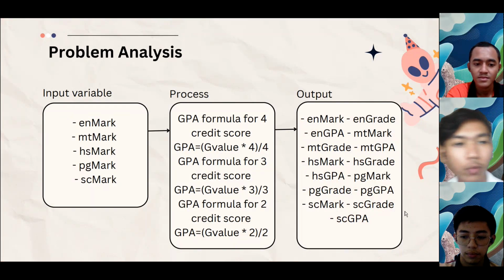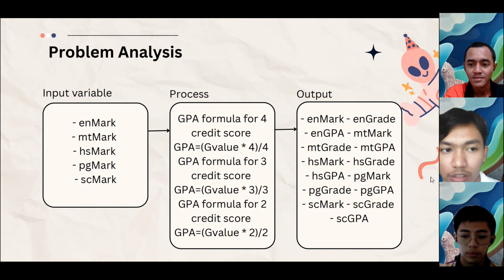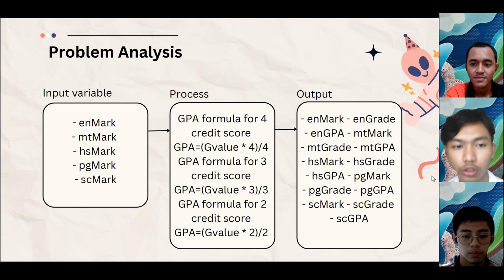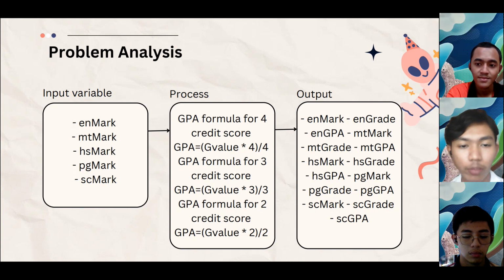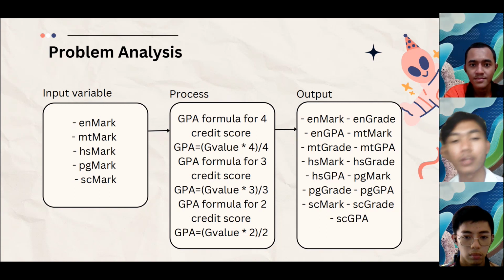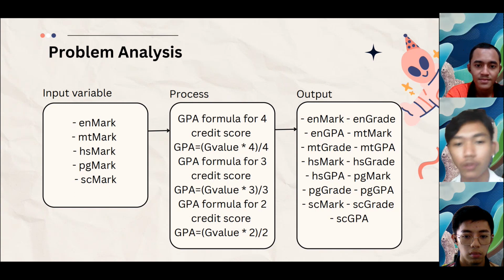Okay, as we all know, problem analysis has three main points such as input, process, and output. The example of input is all the subject marks like English, maths, history, programming, and science. For the process, there are three processes for this program. For 4 credit score, the GPA equals G value multiplied by 4 divided by 4.